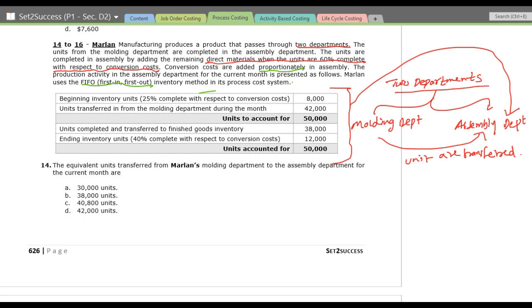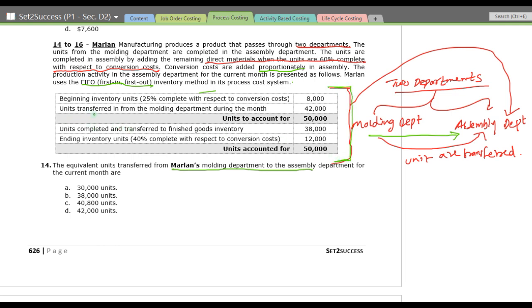So what the question is asking is the equivalent units transferred from the molding department to the assembly department, and we are sitting in the assembly department.